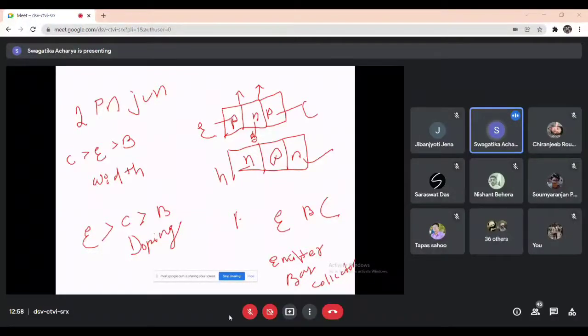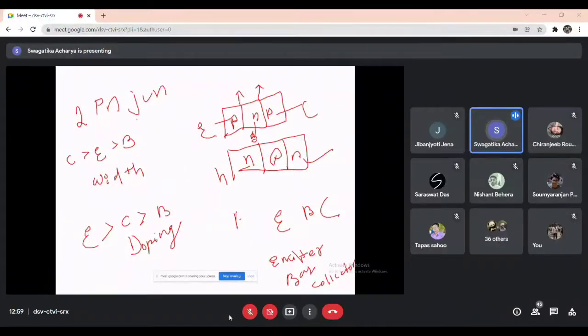The emitter will emit, right? So it will inject a large number of charge carriers. Charge carriers means electrons and holes. The majority charge carrier in N type is electrons, and in P type is holes, right? So it will inject a large number of charge carriers into the base region.